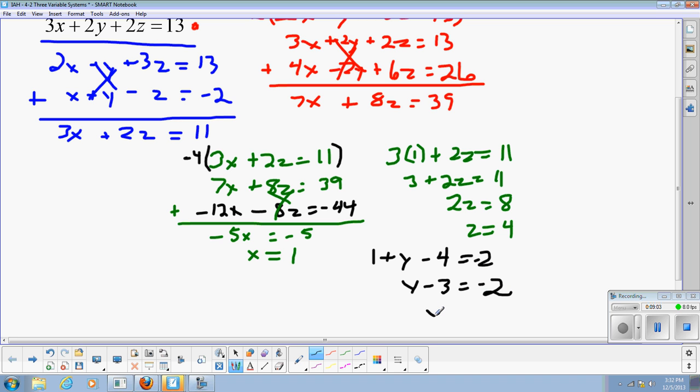Add 3 to both sides. Y equals 1. So now I have all three. My final answer will read that I have a solution where x is 1, y is 1, z is 4. And at this point now I'm done.